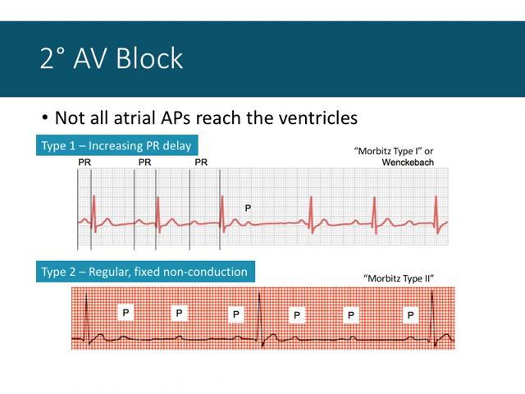So we have a problem here where the signal to contract is not being received. The AV node is only responsive to 1 out of every 3 upstream signals, and the heart only beats 1 out of every 3 times that the cardiac cycle attempts to initiate. And so this can quickly deteriorate into complete heart block.